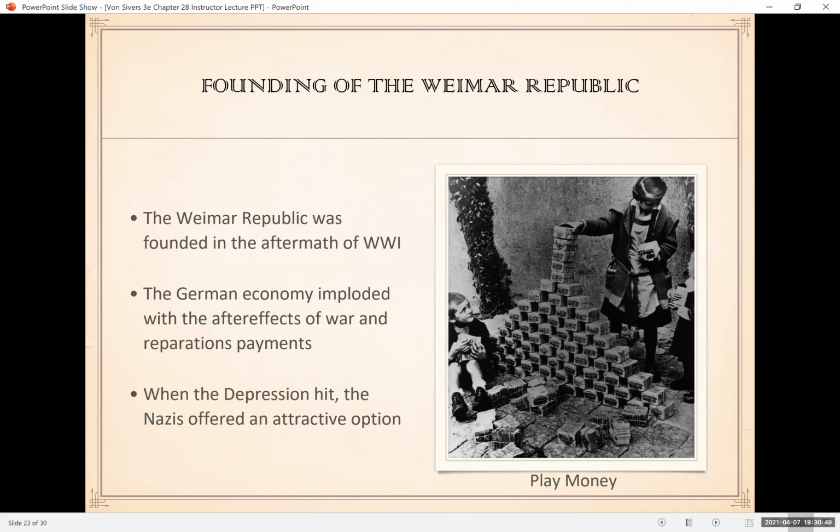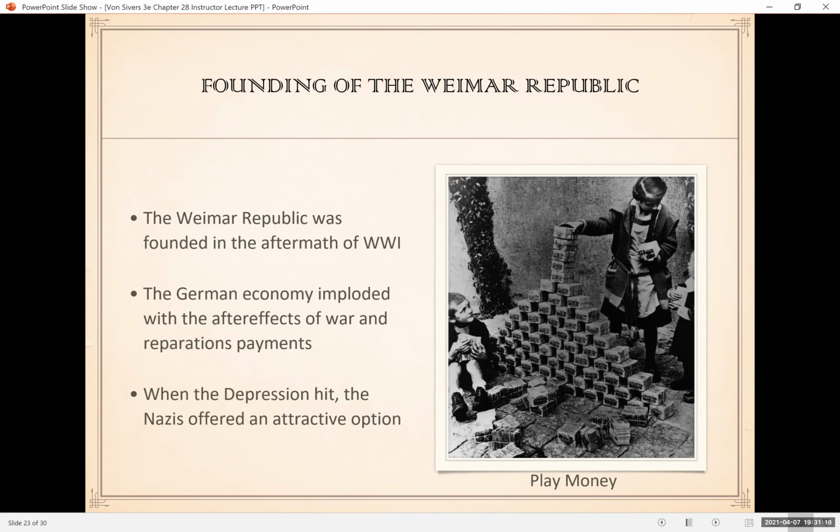People being able to afford that loaf of bread at 8 a.m., but for some reason not going to the store. And by 5 p.m., when they got off of work to buy that loaf of bread, they couldn't afford it anymore because inflation had gotten that bad during their workday. These young German children are playing with blocks of Deutschmarks, billions and billions of Deutschmarks.